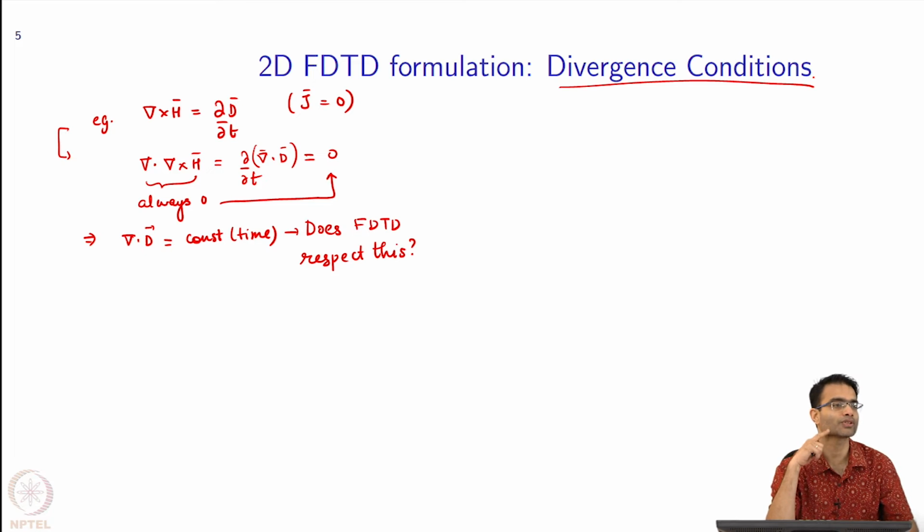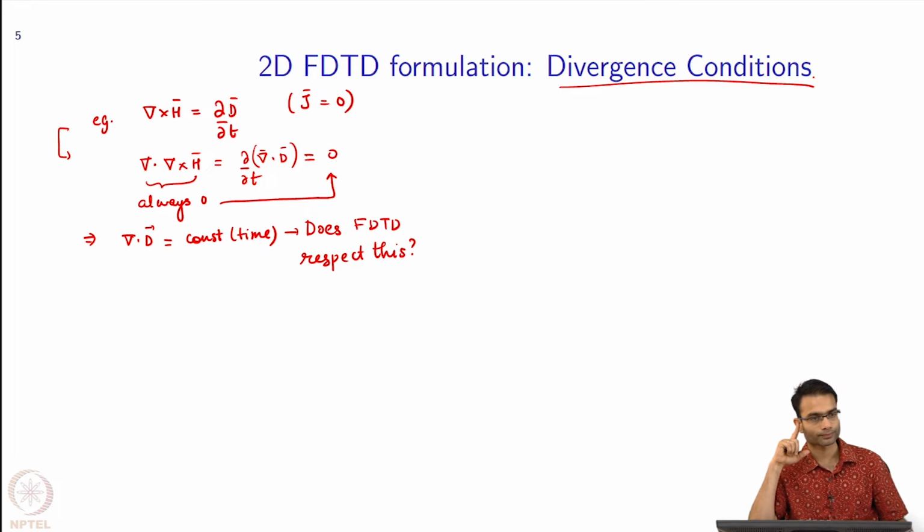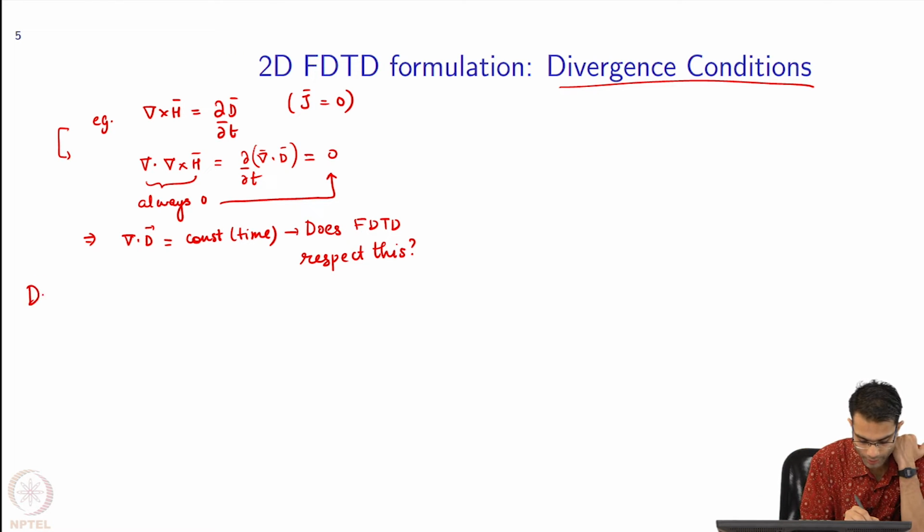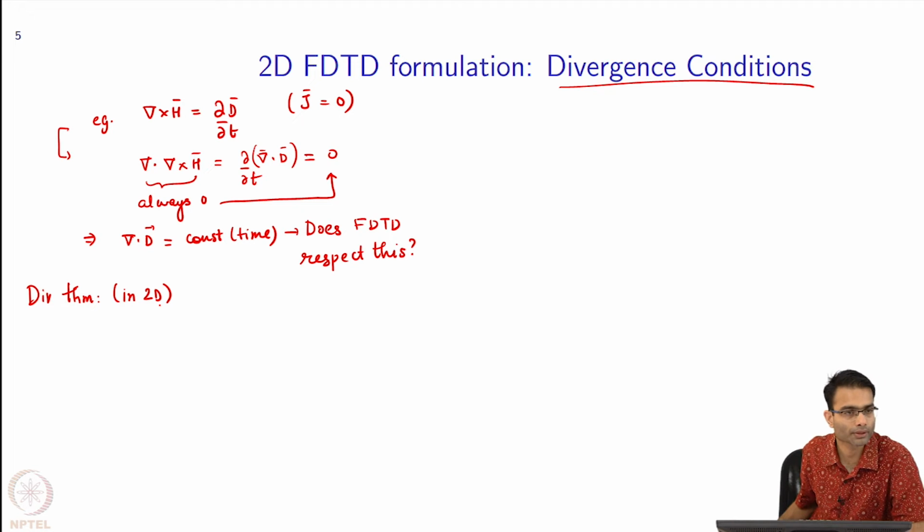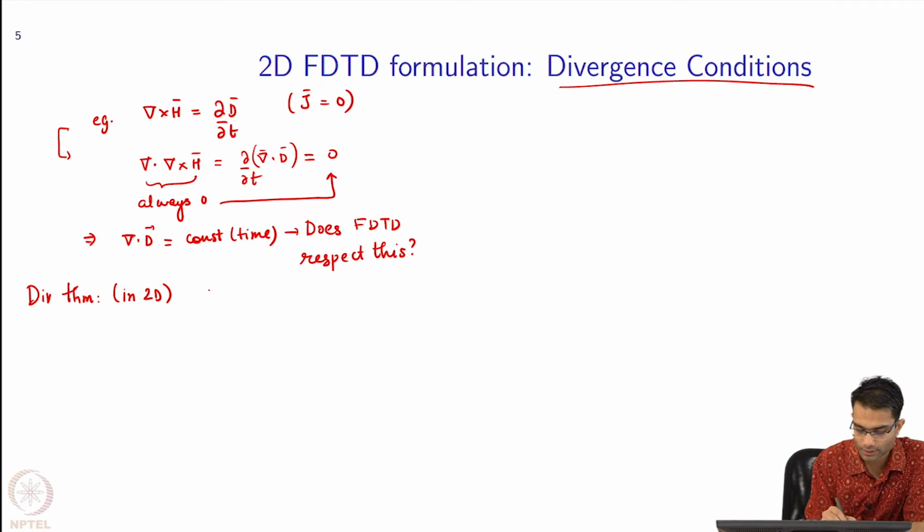So let's see, what should we do about this? When you see del dot D, what does it remind you of? Which theorem of vector calculus comes to your mind? Divergence of a vector field. Gauss's theorem or divergence theorem, right. Let us say in 2D, because we are in 2D now. What does it tell us?